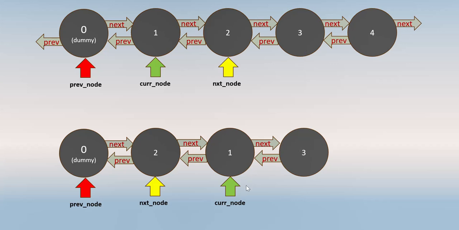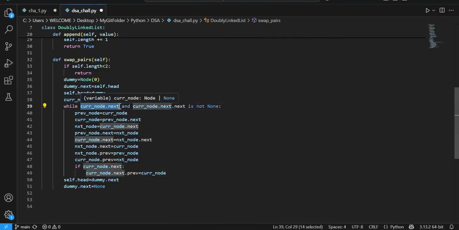So this while loop is basically checking whether we have a pair of nodes after this current node or not. So we have 3 and 4, right? So this is 3, this is the node with value 4, so it is not none, so it will again come inside this while loop.